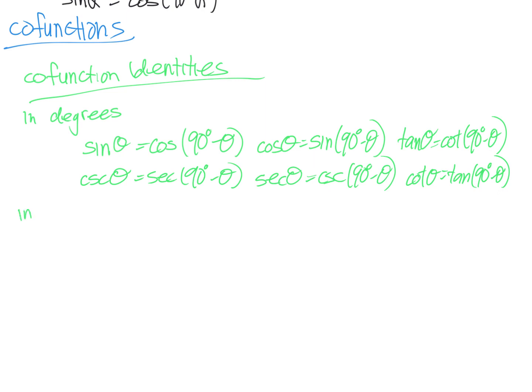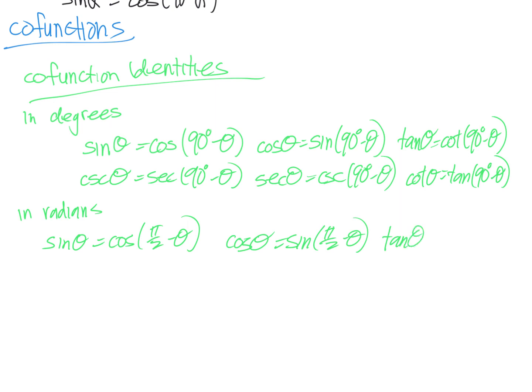And then if we were in radians, it's the same thing. 90 degrees in radians is pi over 2. So we get sine of theta is equal to cosine of pi over 2 minus theta. Cosine of theta is sine of pi over 2 minus theta. Tangent of theta is cotangent of pi over 2 minus theta.